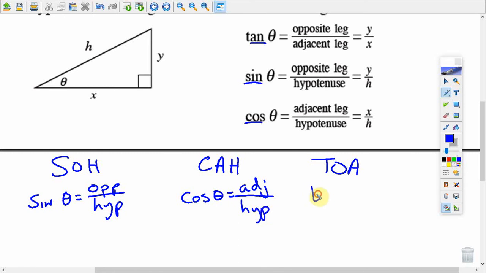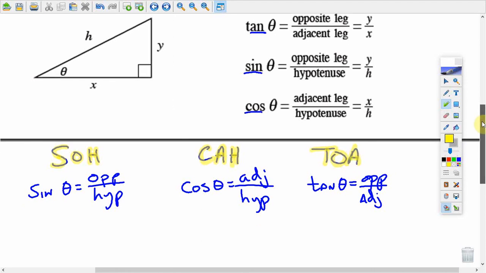And the toa was the tangent of theta equals opposite over adjacent. So it's sine equals opposite over hypotenuse, cosine equals adjacent over hypotenuse, tangent equals opposite over adjacent.